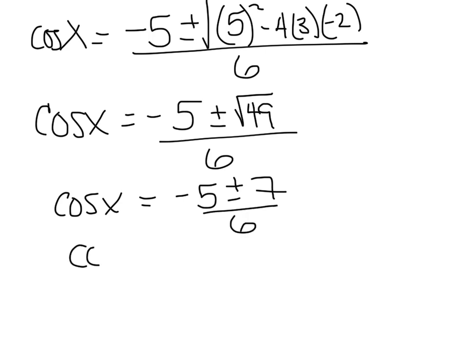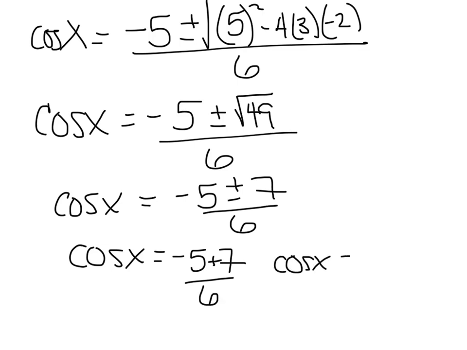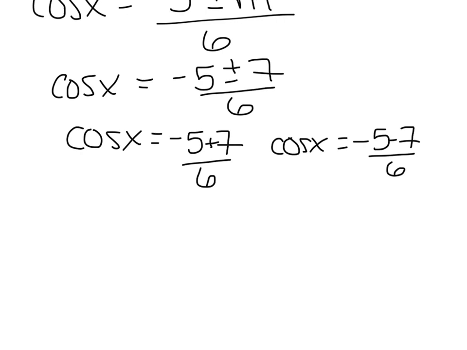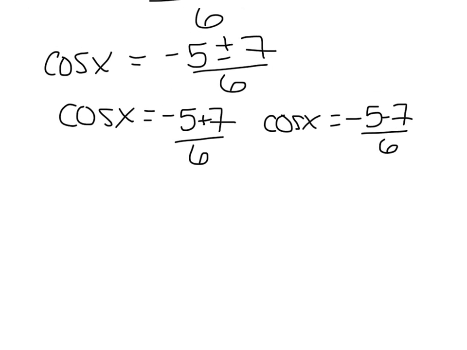And let's get our two numbers. Cos x equals negative 5 plus 7 over 6, and cos x equals negative 5 minus 7 all over 6. As I continue cleaning, cos x equals, let's see, negative 5 plus 7 is 2/6, or 1/3.